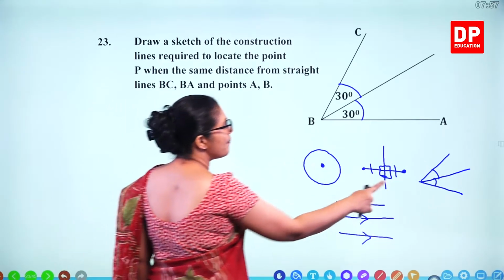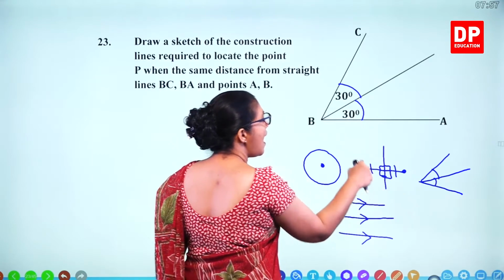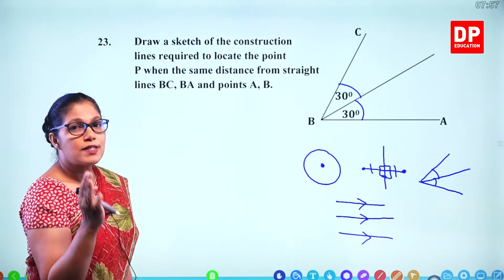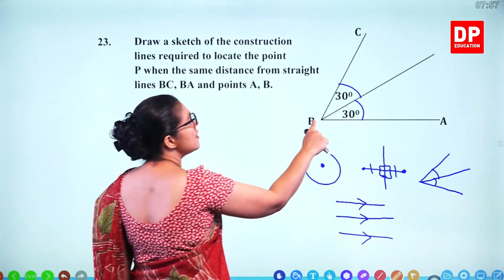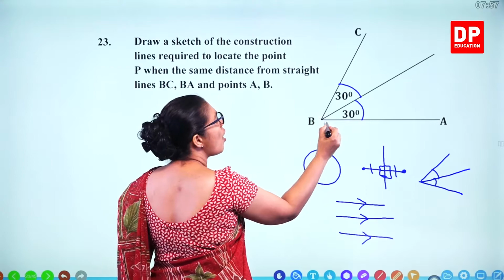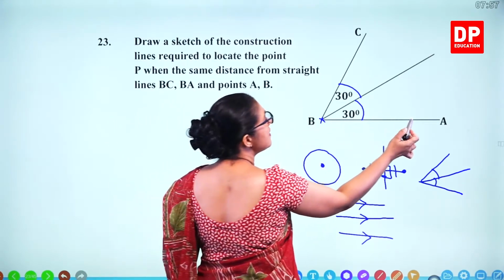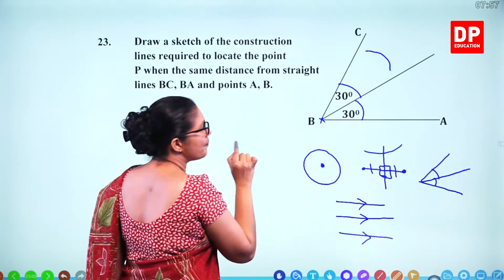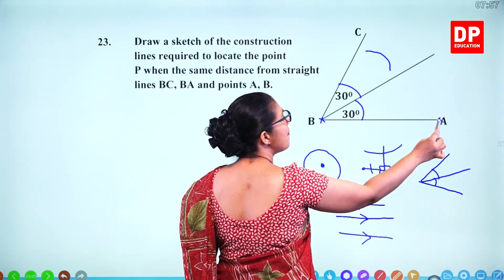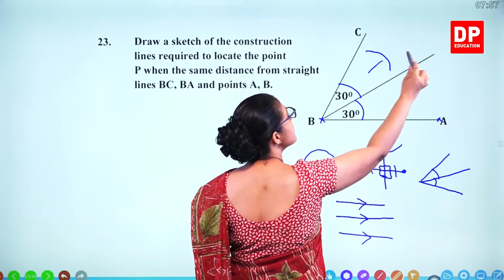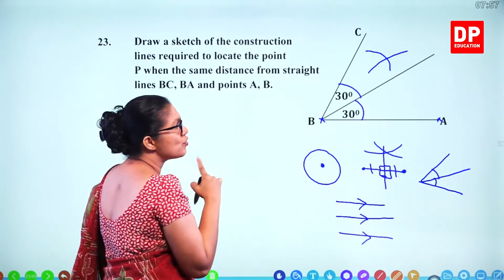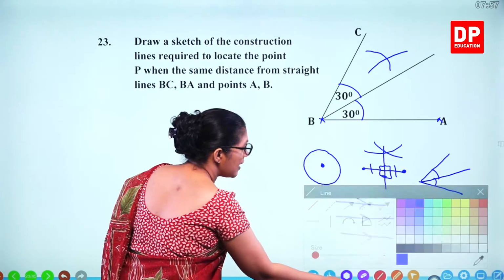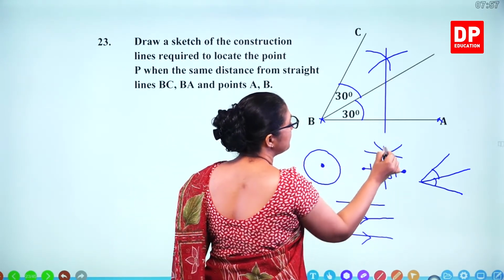So one is there, the angle bisector, and the other one is the perpendicular bisector. You have to first sketch the perpendicular bisector. How do you do that? You take the compass, keep it here, take a certain distance and draw an arc above and below. Then take the other point and take the same distance and draw 2 arcs, and then draw the line connecting the intersecting points.